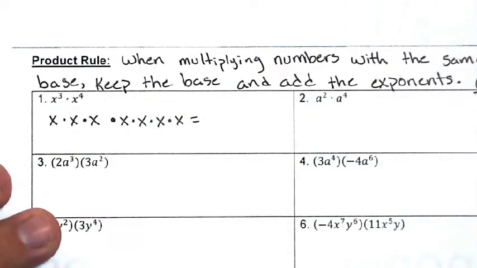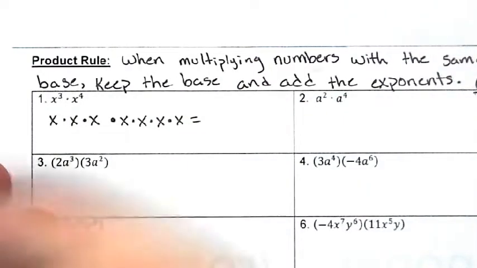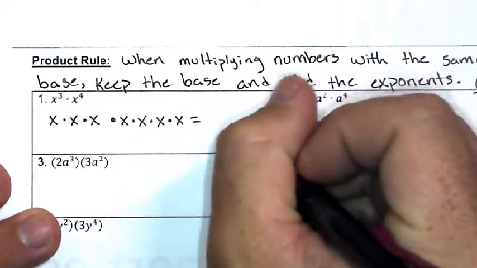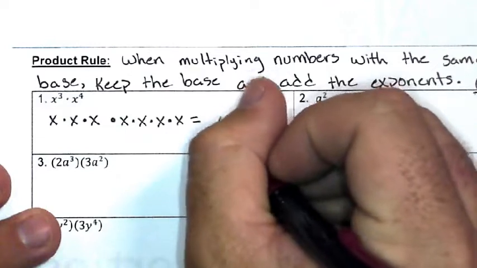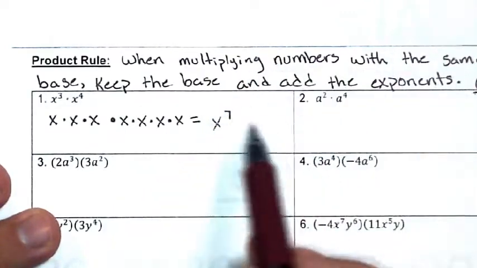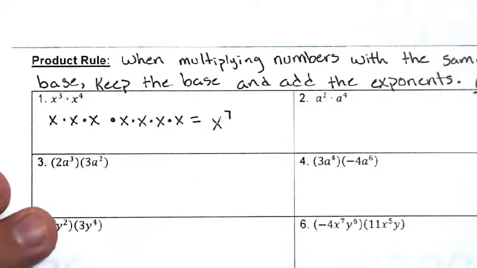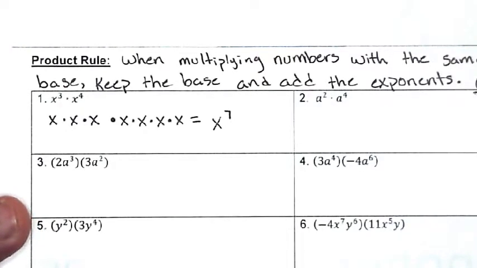Now, how many x's are being multiplied together? 7. I will not put 7x, I will put x to the power of 7 because the exponent tells me how many times I am multiplying x. That's what the exponent tells me. How many times am I multiplying that specific number?